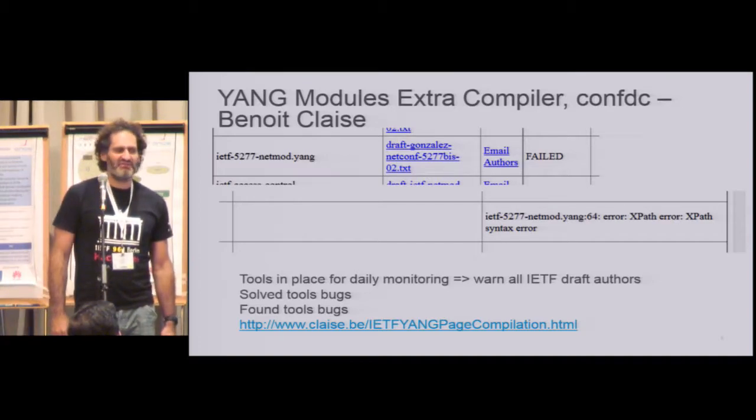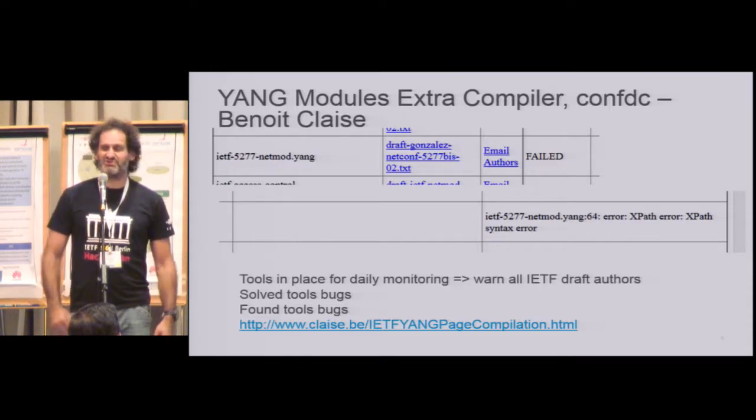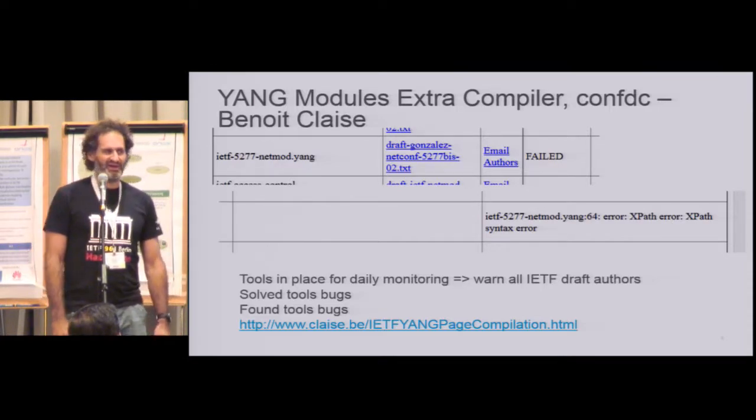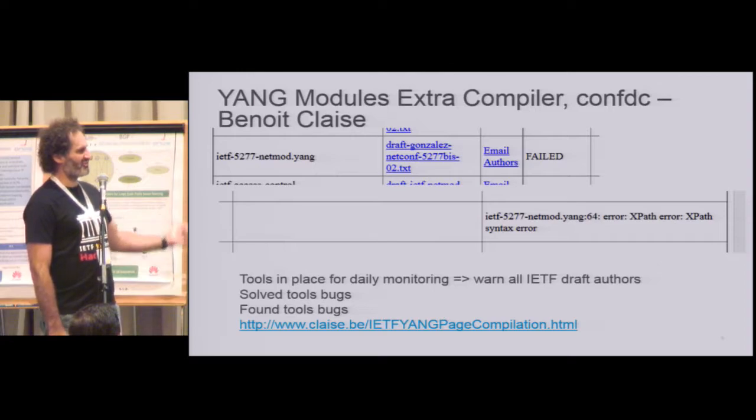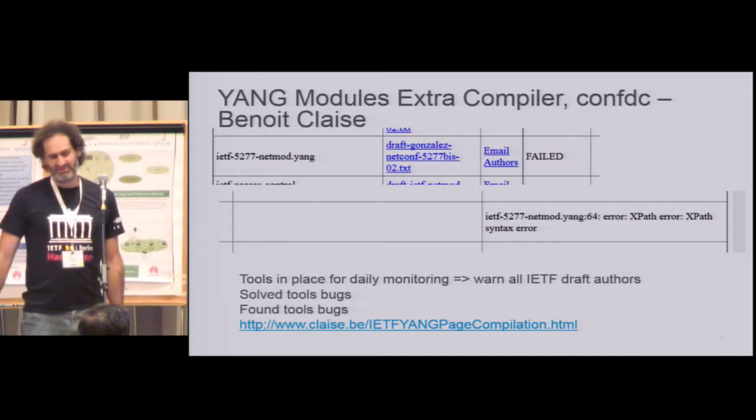Now, when I mention having a new compiler, that's also what I have on my website. So what I've been doing is a lot of scripts so that every single morning I wake up and look at the diff of the day before, comparing all the IETF drafts, and I'm sending emails to the authors: your Yang modules don't compile. What I've been adding is yet another compiler there. So obviously, we discovered a couple of issues.